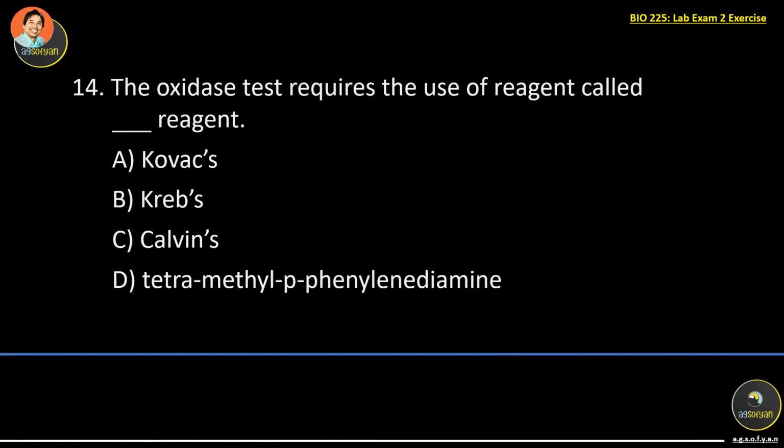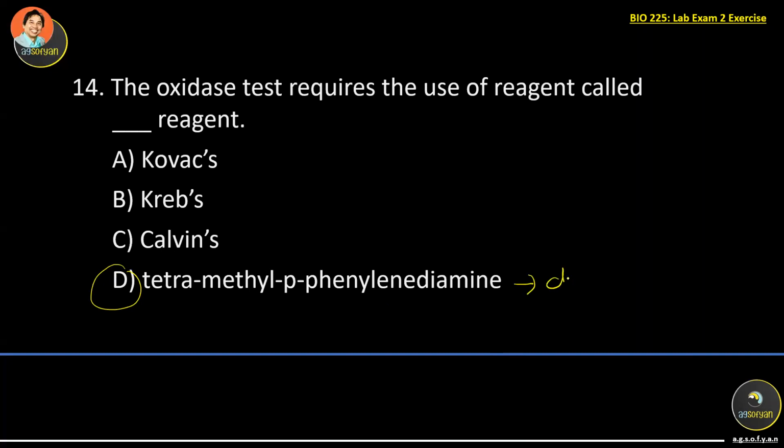The oxidase test requires the use of reagents called blank reagents. What is the name of the reagents used for this oxidase test? A, B, C, or D? Yes, so we're gonna use the tetramethyl-p-phenylenediamine.